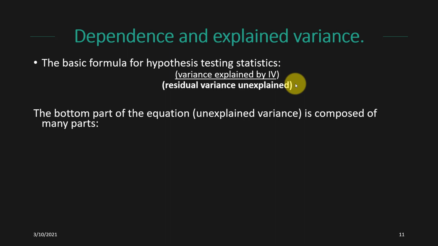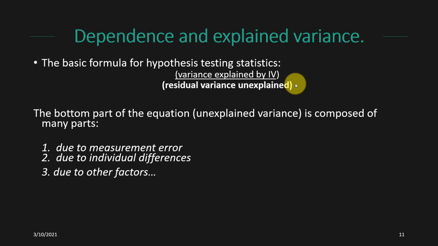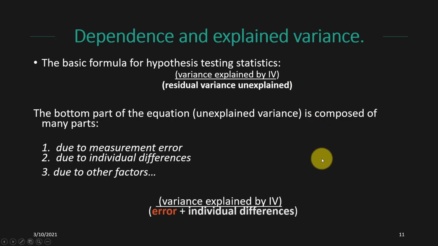The bottom part of the equation, this unexplained variance, is actually composed of many different parts, and it's important that we have the correct denominator in order to make sure we're asking the right question. This variance can increase due to things like measurement error, due to individual differences, due to other factors, right? And we need to make sure we are properly accounting for all of those things in our statistical model in order to make sure we're calculating this ratio correctly.